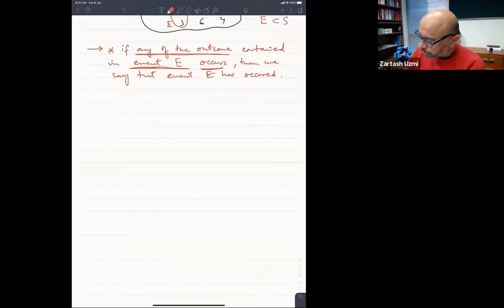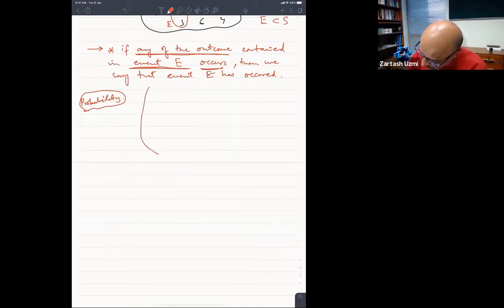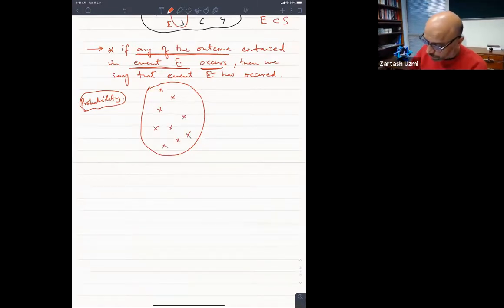एक आपको example और दे देते हैं, and I will relate this to probability. What is probability? इसको sample space और event को हम probability के साथ कैसे जोड़ रहे हैं? ठीक है? So let's say you have this sample space and you have some outcomes. ये कुछ outcomes हैं हमारे पास उसके अंदर, ठीक है?